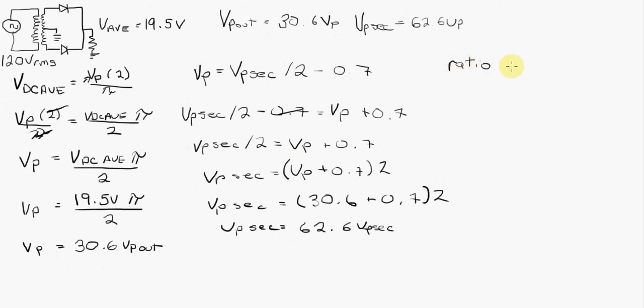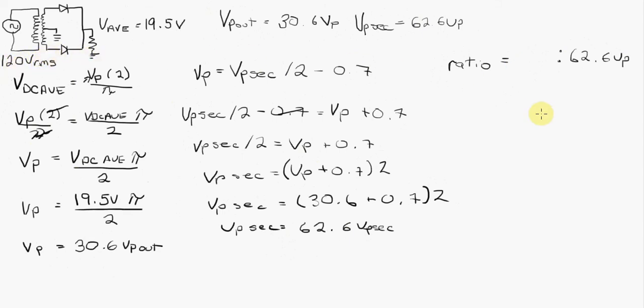What type of center tap transformer do I need? In this ratio, we know the secondary voltage is 62.6 volts peak. What's the primary voltage? We've done this in class, so I'm not going to do it again, but we know there's 120 volts RMS.